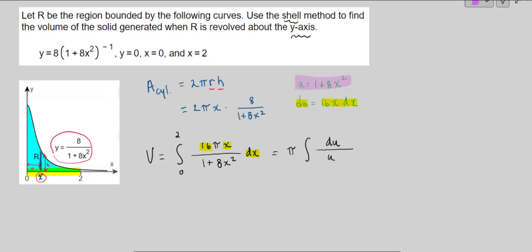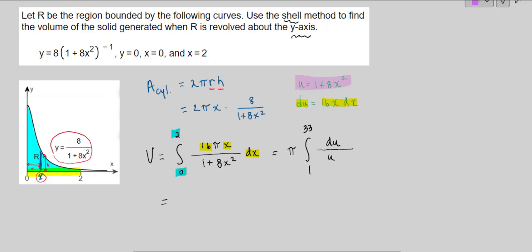And so when we are dealing with an x value of 0, we plug it in up there, and we will get a u value of 1. When we have an x value of 2, we plug it right in there, and we are going to have 2 squared is 4, times 8 is 32, plus 1 is 33. So u will be equal to 33 when x is equal to 2.